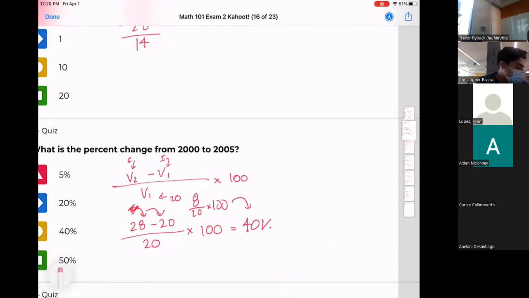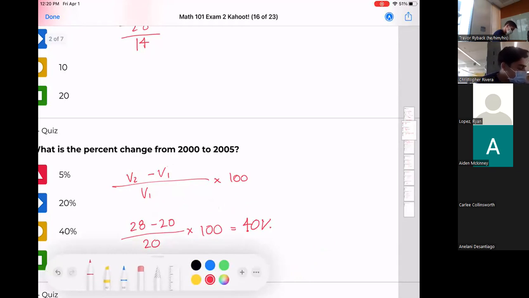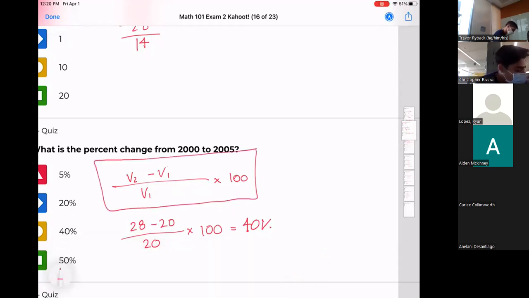Just remember the formula I wrote: V2 minus V1, divided by V1, times 100. That's your percent change formula. If you don't have this written down already, definitely write it down right now.